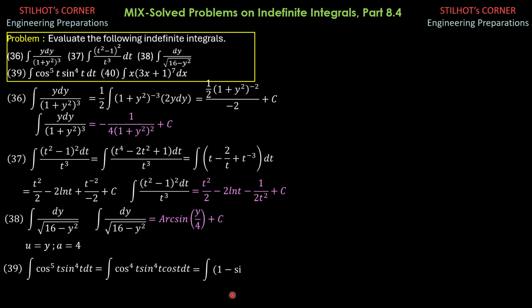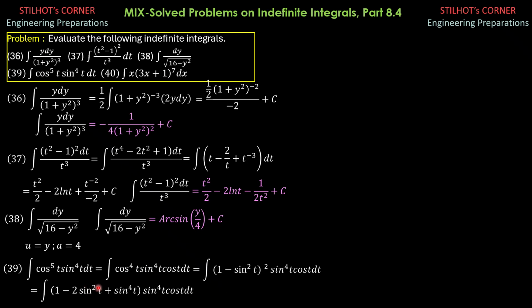So that would be 1 minus sine squared t quantity squared, sine to the fourth t times cosine t dt, so that we can apply power formula. Expanding, that would be integral of 1 minus 2 sine squared t plus sine to the fourth t times sine to the fourth t quantity cosine t dt.